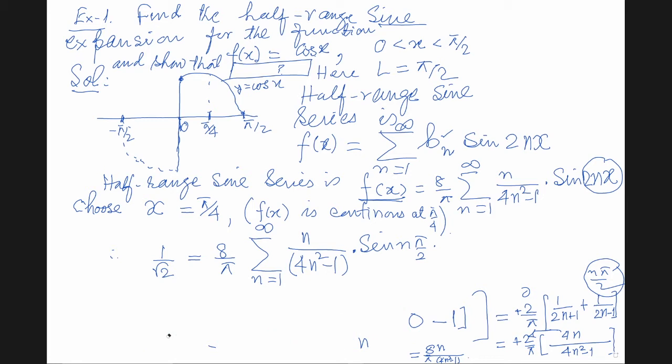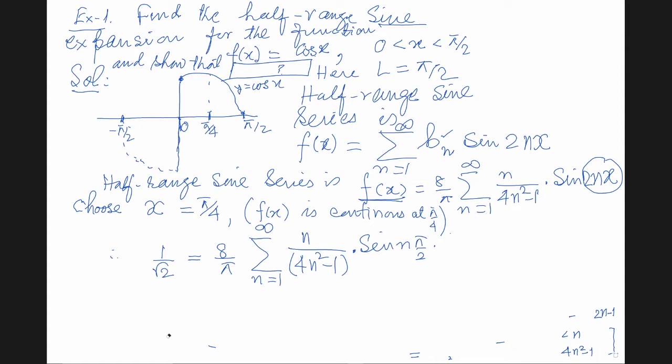Now look here. If n is even, the terms will be 0. So only terms for odd n remain. Are you understanding?